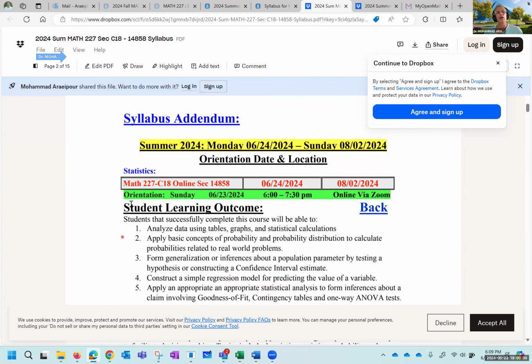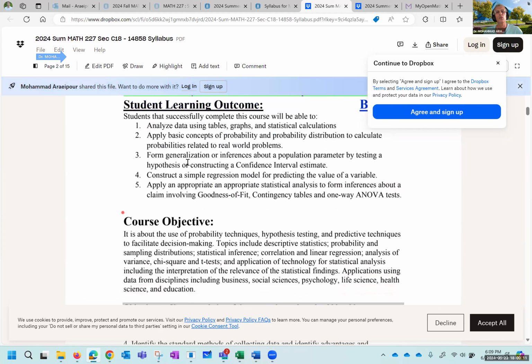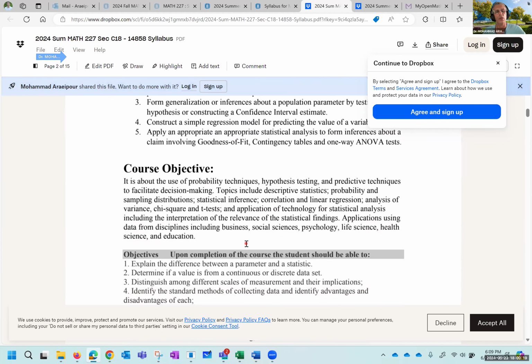Here's the summer session. Here's the statistics course with the information, the student learning outcomes, which is about learning statistics. Course objective is about the use of probability techniques and so on.